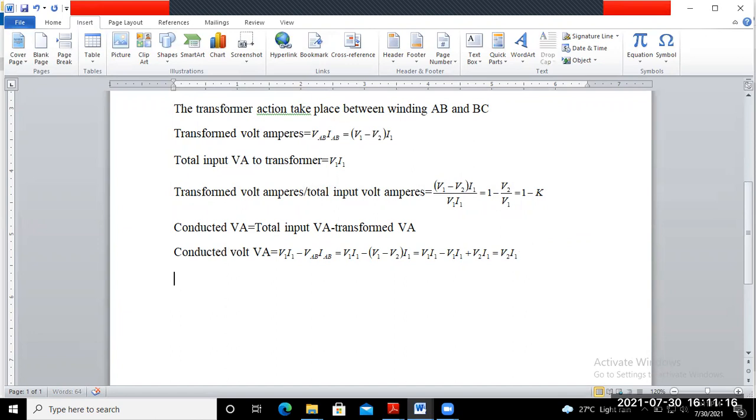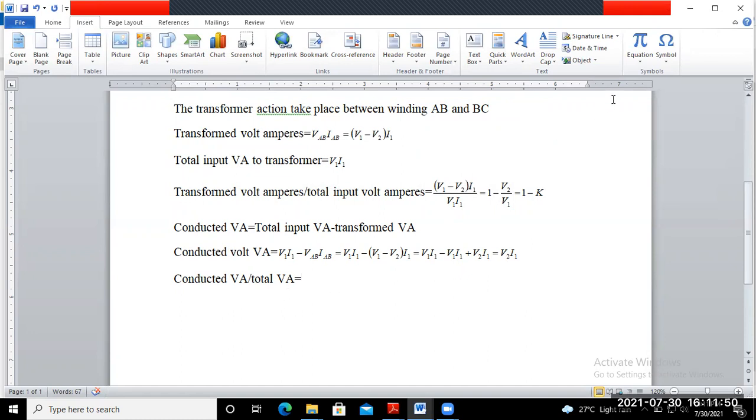So now we just find out the ratio of conducted volt ampere to the total input volt ampere. Ratio of conducted volt ampere to the total volt ampere is equal to how much? Conducted volt ampere is your V2 I1 and total volt ampere is your V1 I1.